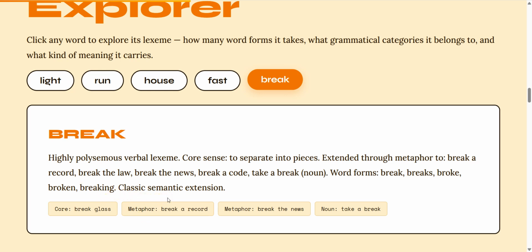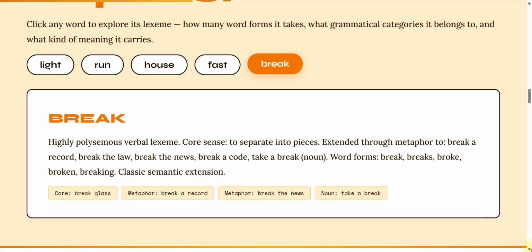A classic semantic extension: the core is break a glass, a metaphor is break a record, another metaphor is break the news, and as a noun, take a break. So these are examples of lexemes and how their word forms create meaning in different situations. We can interpret different meanings according to their use in different situations.